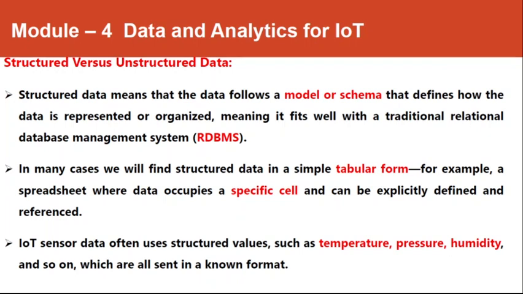In many cases, we will find structured data in a simple tabular form, for example, a spreadsheet where data occupies a specific cell and can be explicitly defined and referenced. IoT sensor data often uses structured values such as temperature, pressure, humidity, and so on, which are all sent in a known format. They are examples of structured data generated by IoT sensors.